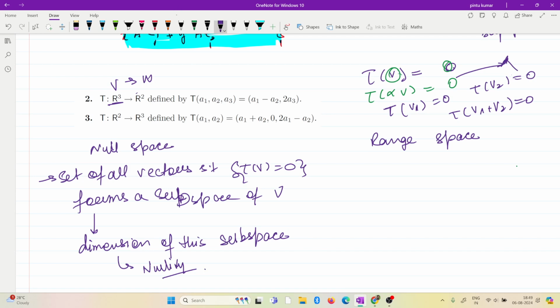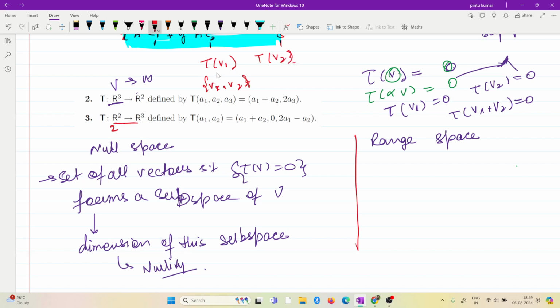Now we talk about the range space. Let's say you take the second example. V's dimension is only 2. If V1 and V2 are your basis, then you will have some T of V1 and some T of V2.